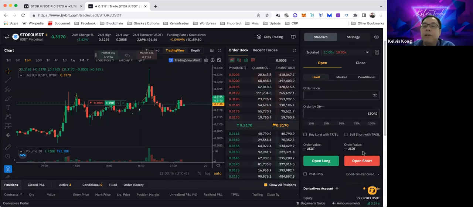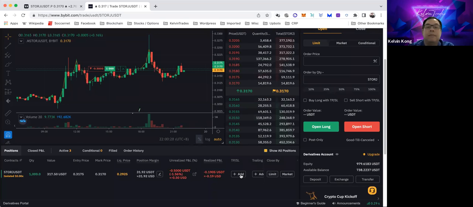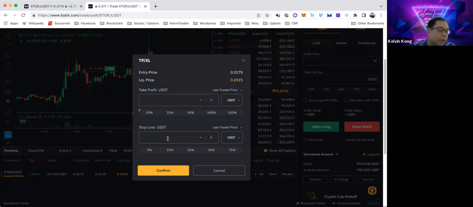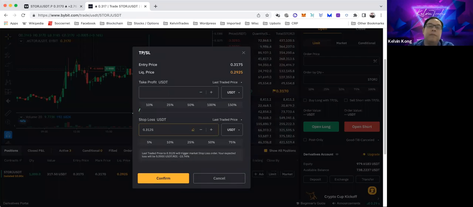Okay, so no choice. We cannot use a limit order for the stop loss. We have to use this. So type in our stop loss, 0.3125. Here is our stop loss.